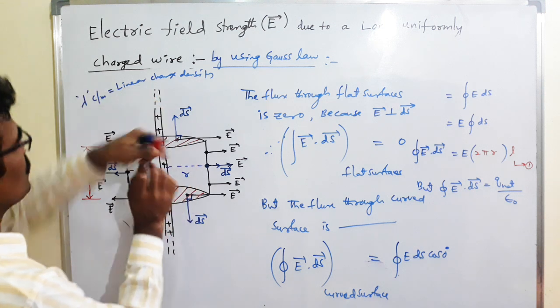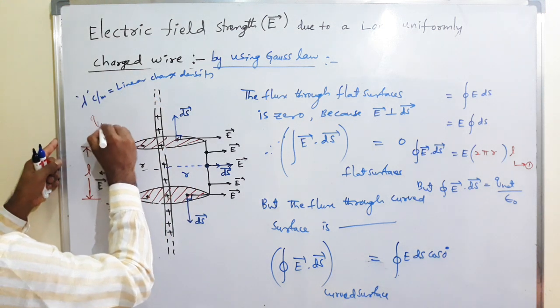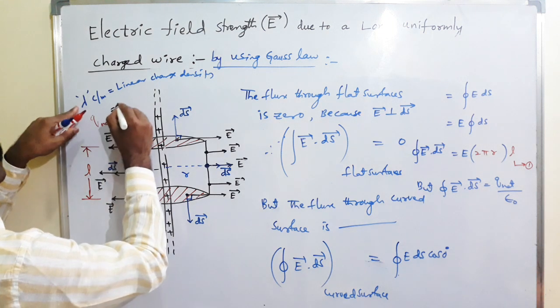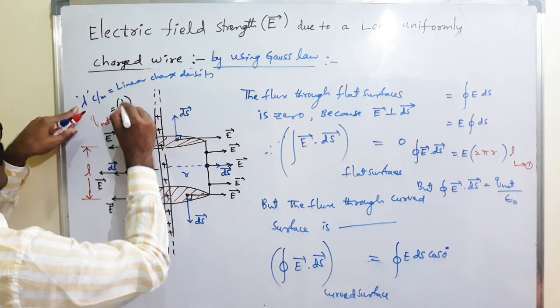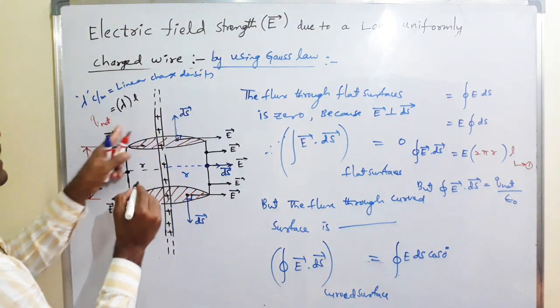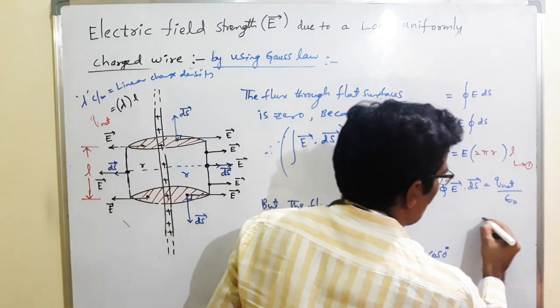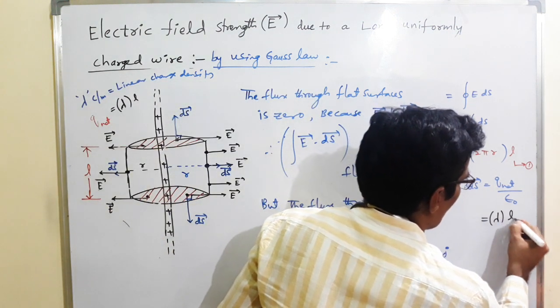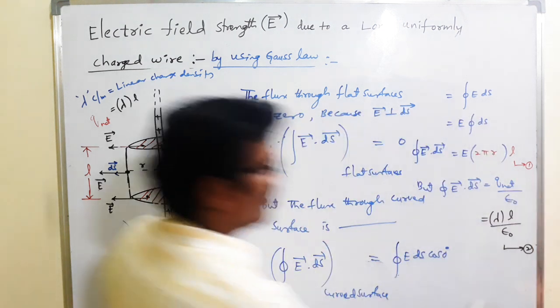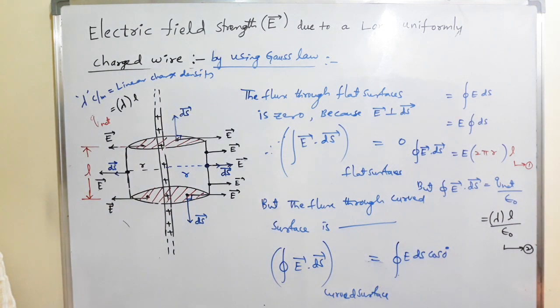The net charge is the charge per unit length lambda times the length of this portion L. Q net equals lambda into L. Substituting, the flux is lambda L by epsilon naught. This is equation 2.